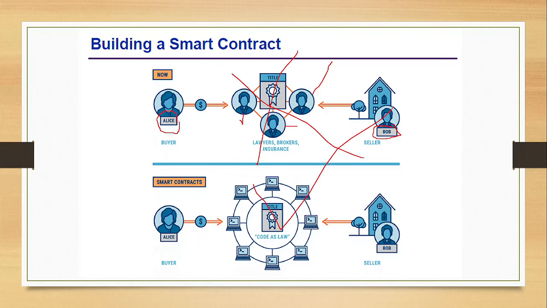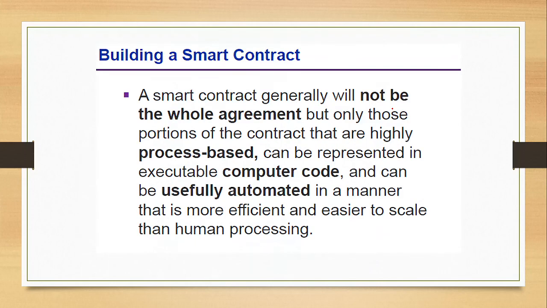So this is the smart contract. Ideally, in building the smart contract, you don't need to have all the information coded, as you have seen. A smart contract just uses the executable data. That is very important.